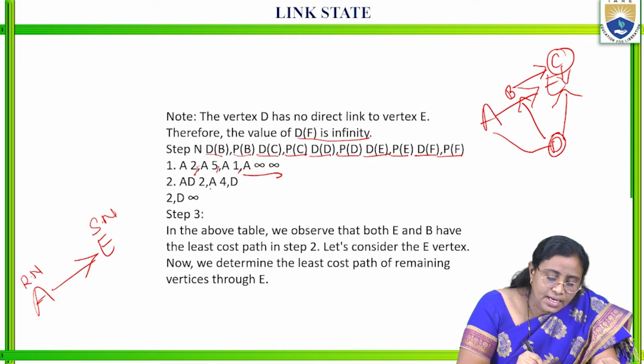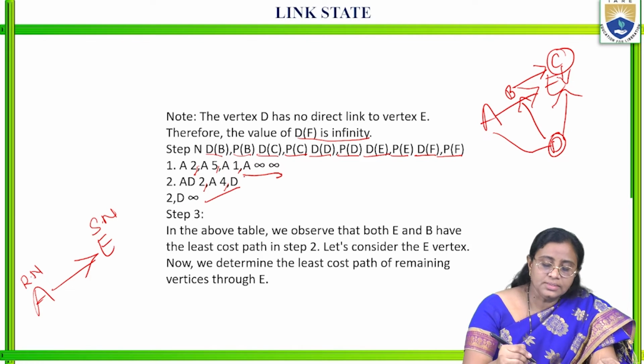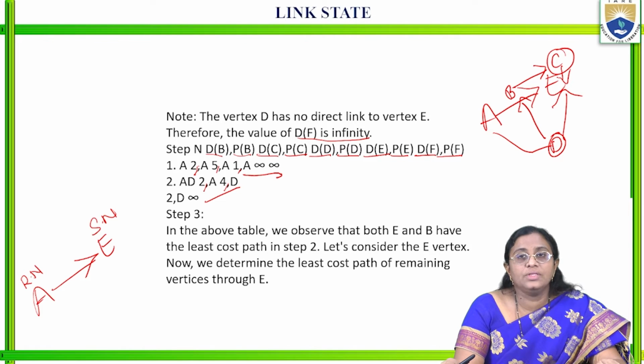Hence, A to D is 2 and A to D, D of infinity. So, in the above table, we observe that both E and B have the least cost path in step 2. Let's consider the E vertex.